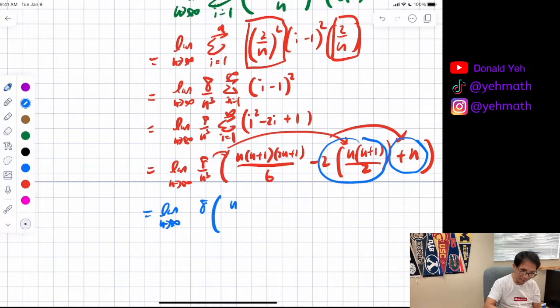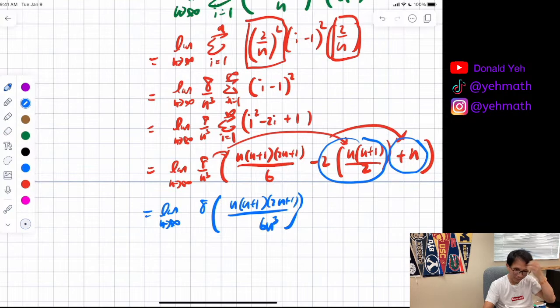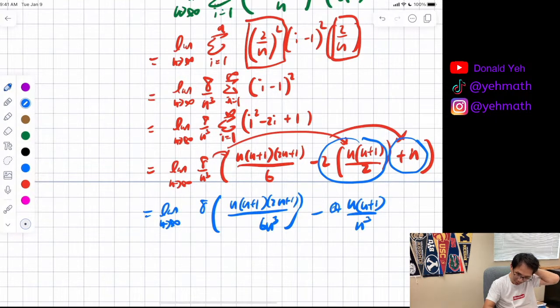So it'll be n times n plus 1 times 2n plus 1 over 6n cubed, right? Is that okay? And the minus 2 and 2 cancel out, so it'll be n times n plus 1 over n cubed minus n over n cubed.